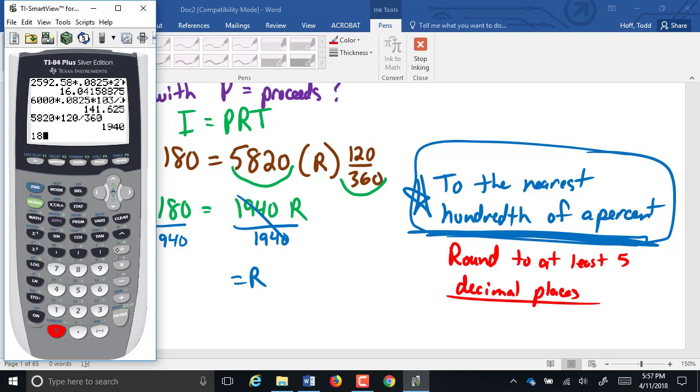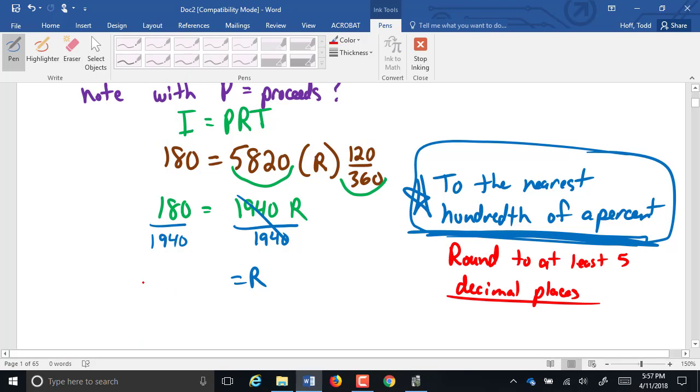So 180 divided by 1940, I know it's a nice round number, but I'm still going to use that answer function on my calculator. I get 0.09278. Notice that is 5 decimal places. Because that's a rate, to make it into a percent, what do I have to do?